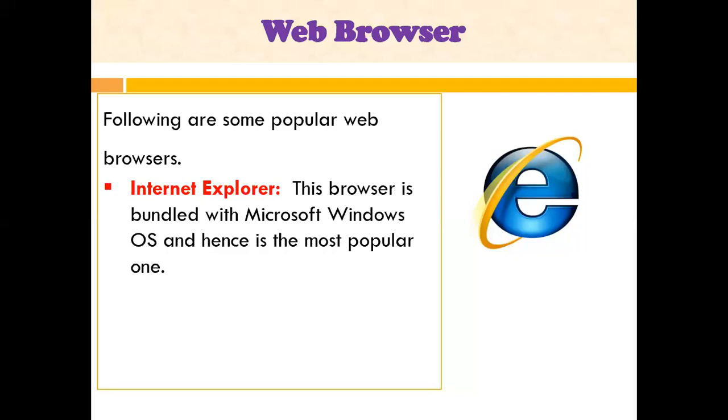Most of the people are using Microsoft Windows operating system on their laptop or computer, and this comes by default with it. So hence it is the most popular one. And on mobile phones, we are using Google Chrome, right? Depending on the particular mobile handset or its operating system. But the majority of us are using Google Chrome nowadays.